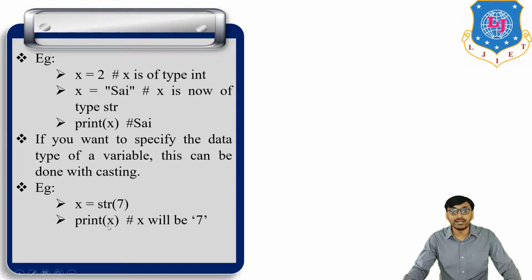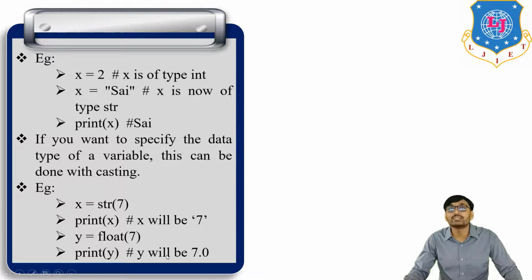So if we print x, then x will be 7 but in the form of a string. It means inside single quotes or double quotes. Then y = float(7). If we print y, then y will be 7.0, a float value.